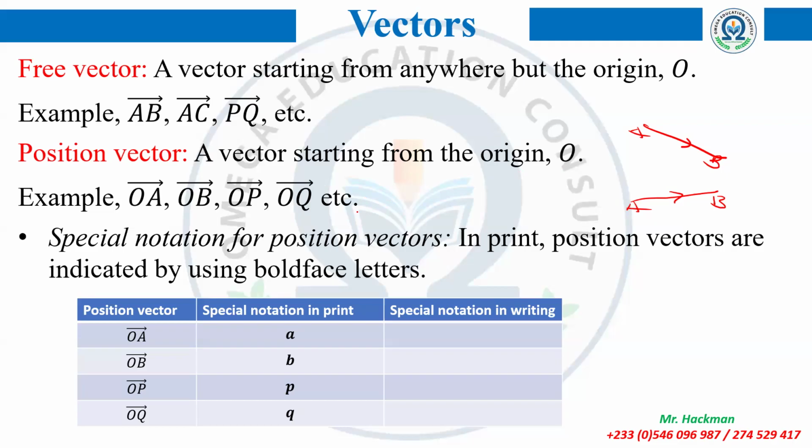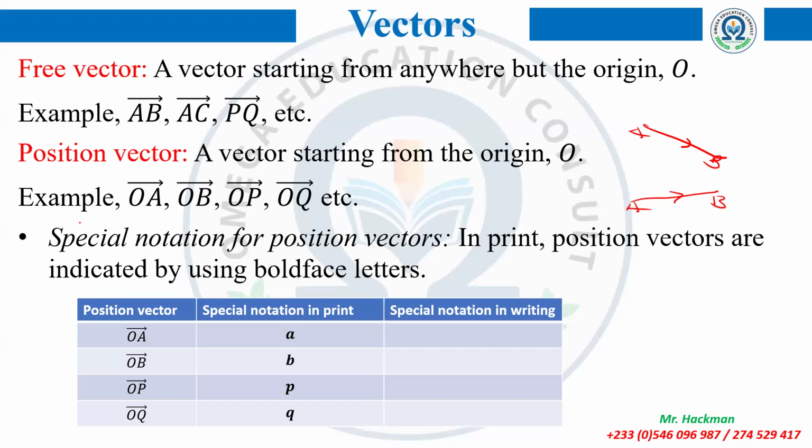You know that usually points are indicated by capital letters. So you always connect 2 points. However, if your first point is O, the origin, then you should know that the vector you are dealing with is a position vector. That's my point.